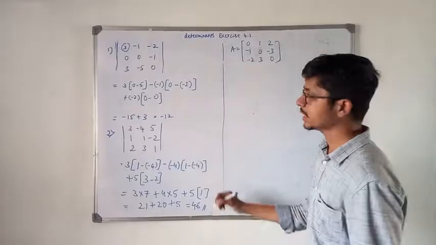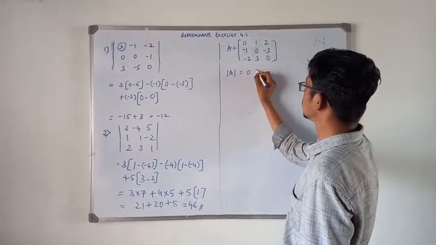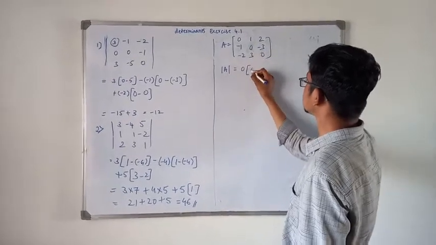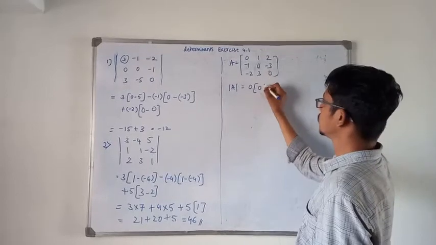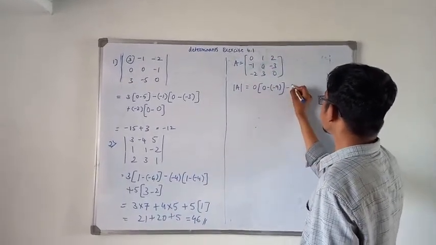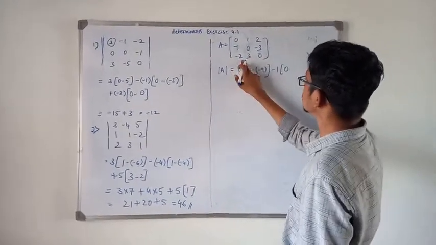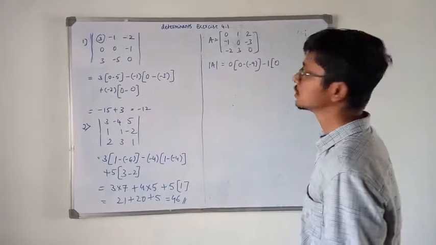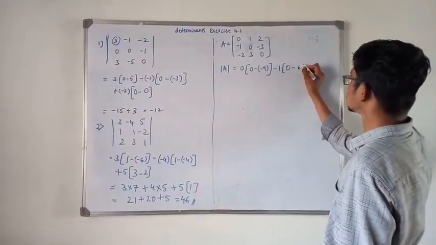But I can calculate determinant of A is equal to 0 into 0 is 0, 3 into minus 3 is minus 9, minus of minus 9, minus 1 into 0 is 0, minus 2 into minus 3 is plus 6, that is minus 6.